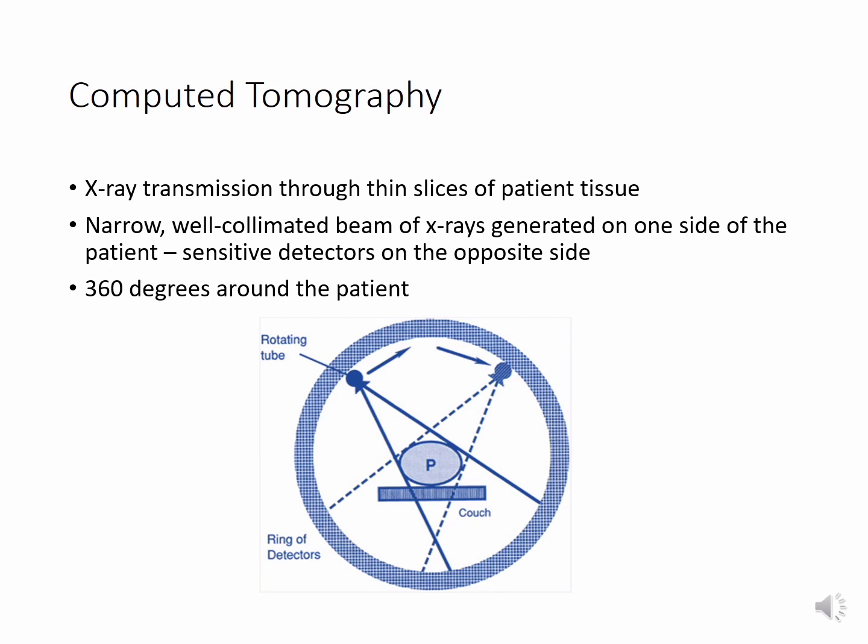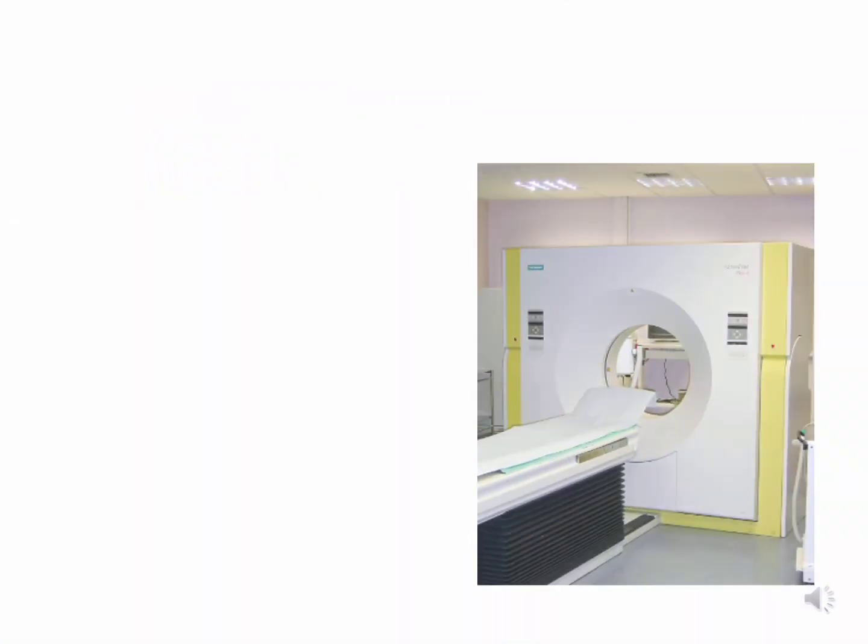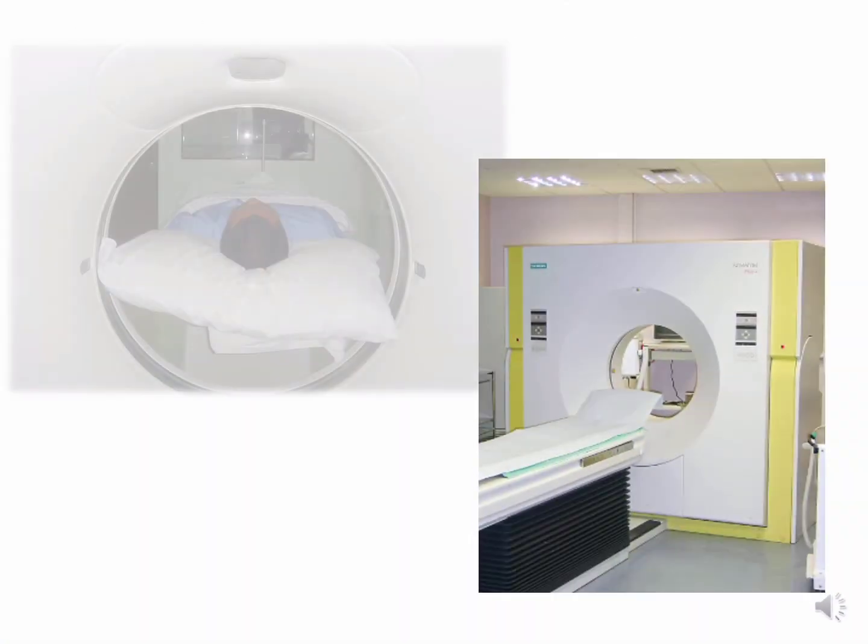So transmitted X-rays are detected by a circumferential bank of radiation detectors. X-ray transmission data are then sent to a computer which uses an assigned algorithm to calculate the matrix of CT numbers used to produce the anatomic cross-sectional image. This is an example of an actual CT scan machine.